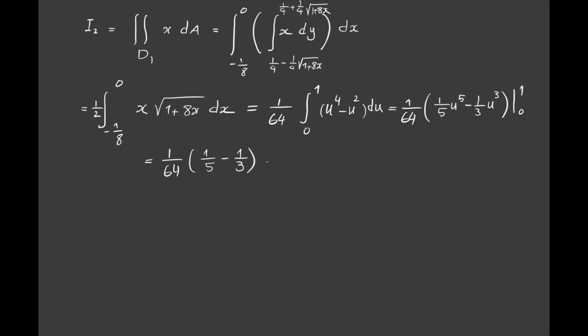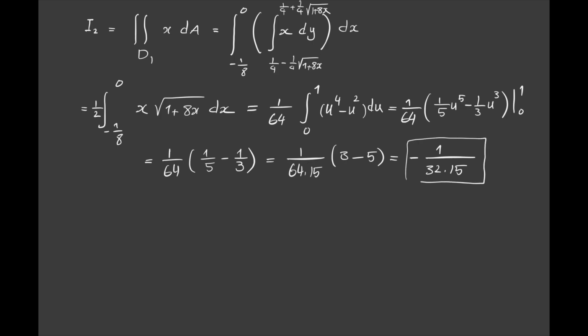And again, if I factor the 15 out, then I will have 3 minus 5, which is minus 2. So I simplify that, it becomes minus 32 times 15. So this is my integral I2.